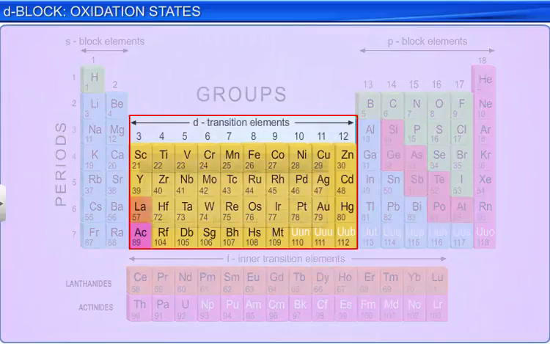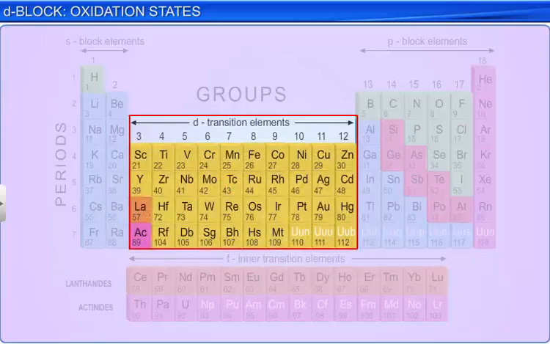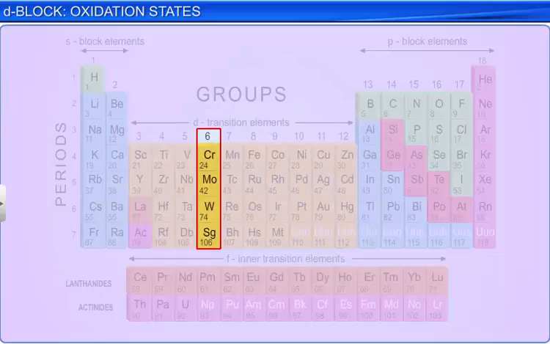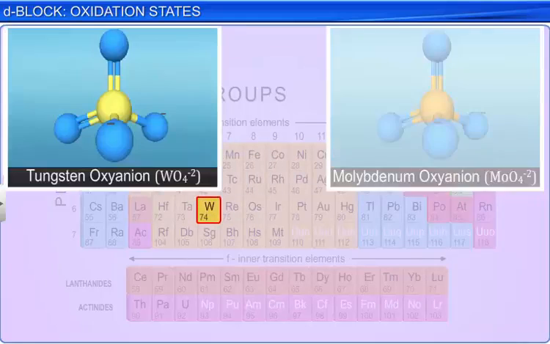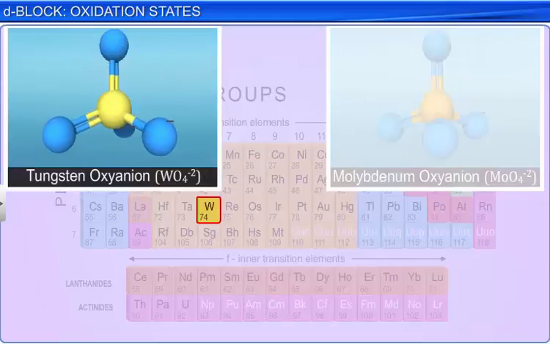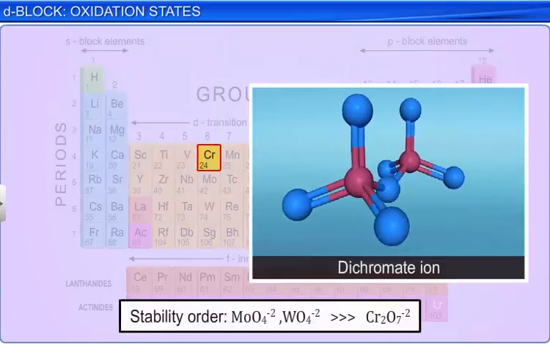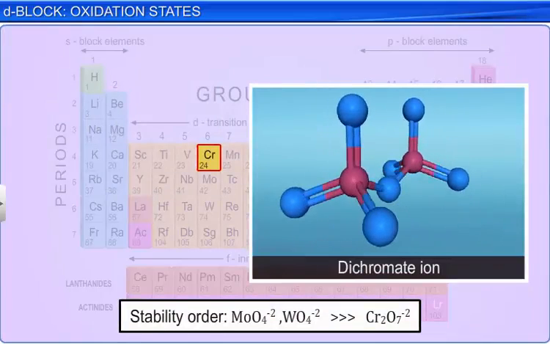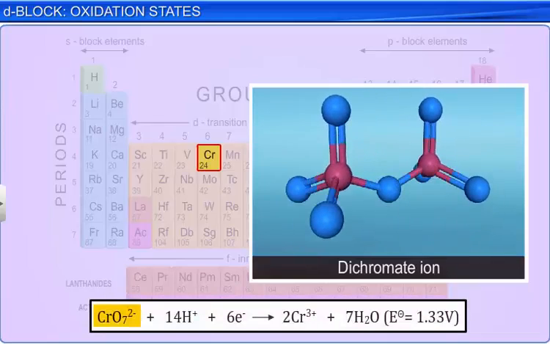For example, in group 6, molybdenum(VI) and tungsten(VI) in the form of their oxyanions are found to be more stable than a dichromate ion, in which chromium is in its highest oxidation state of +6. Thus, a dichromate ion acts as a strong oxidizing agent in an acidic medium, while the oxyanions of molybdenum and tungsten do not.